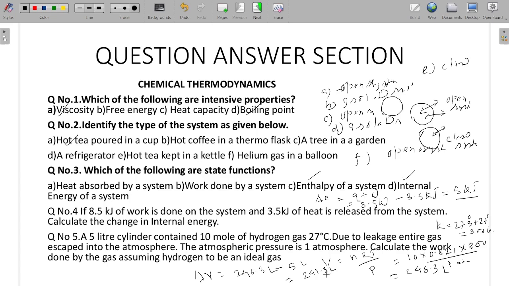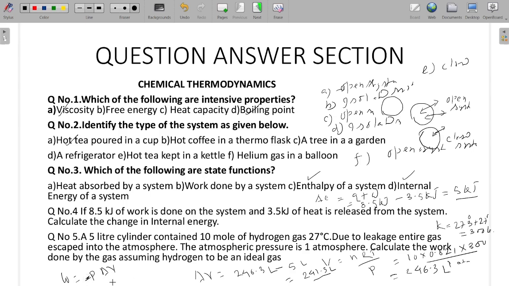So this is the change in volume delta V. Work done will be W is equal to minus P delta V. Here expansion means work is negative.